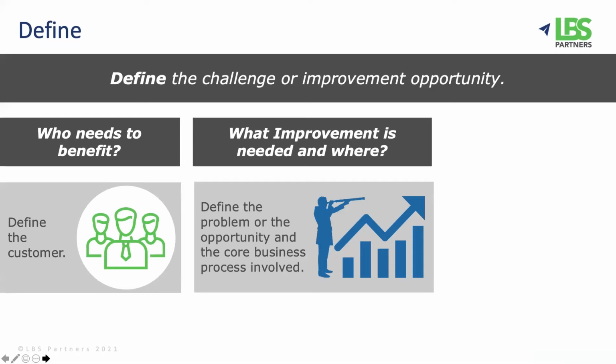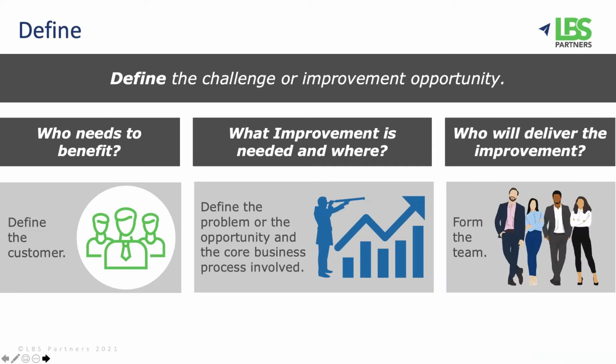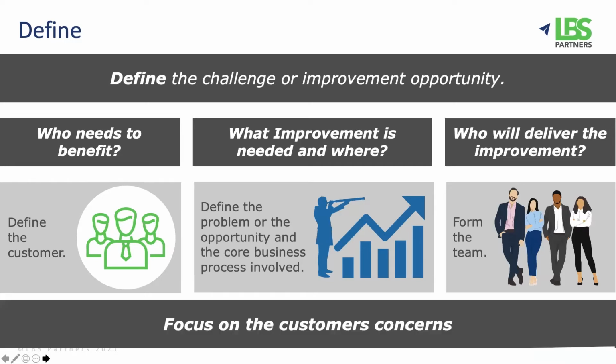We will need then to look at the core processes. Where are the problems occurring and where do we look to try and expose those problems? And then we have to consider who will deliver the improvement. What team will actually work and focus on the customer's concerns and dealing with those to drive improvement?